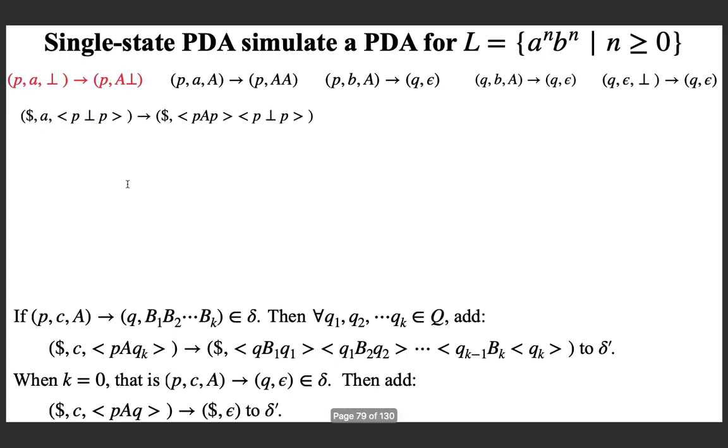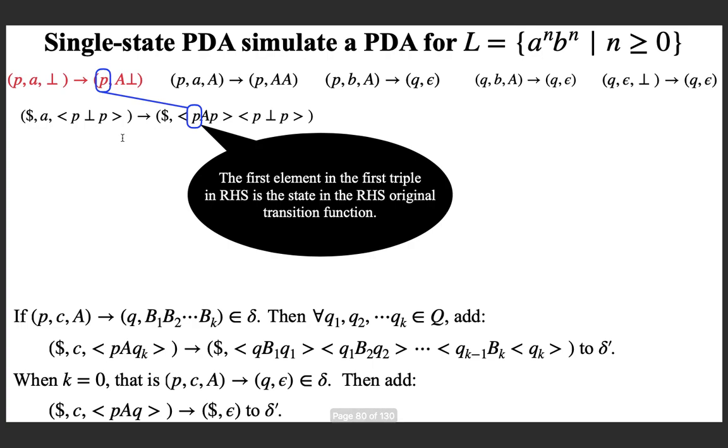And also we know that in the RHS, the first component or the state in the first triple is the only state in the RHS. Whatever be the state in the RHS, that is going to be the first element or the first state in the first triple of the RHS.